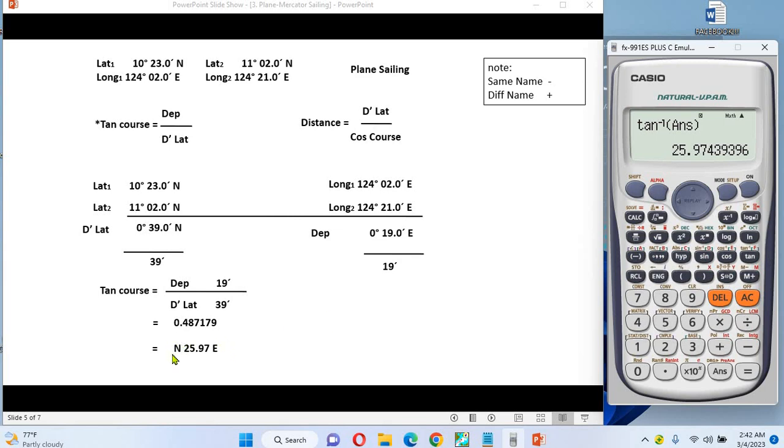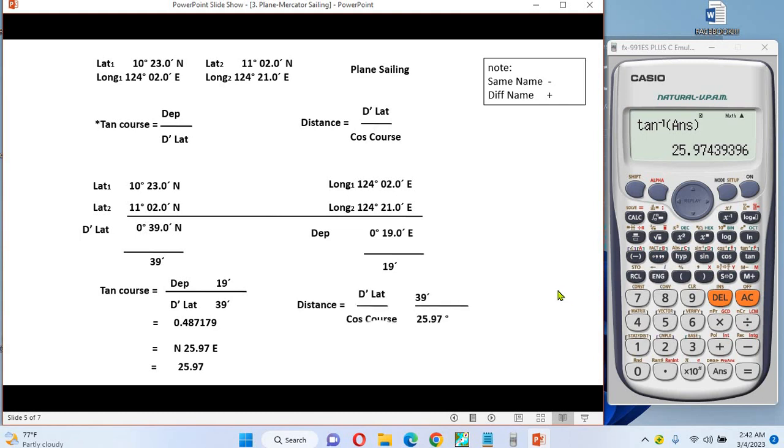Because latitude is north and longitude is east. Now in the quadrantal azimuth, northeast is N as E. So the course is 25.97. If you notice on the previous page, the answer is 25 degrees.